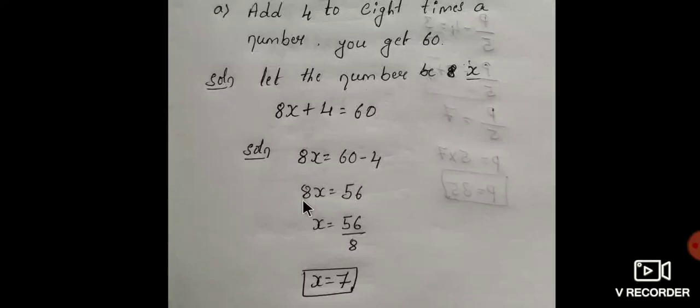Then we have to shift this 8. It is multiplication, so if you shift this 8, it goes to the denominator, therefore x is equal to 56 by 8. Dividing, 8 ones are 8, 8 sevens are 56. x is equal to 7. This is the answer for the first question.